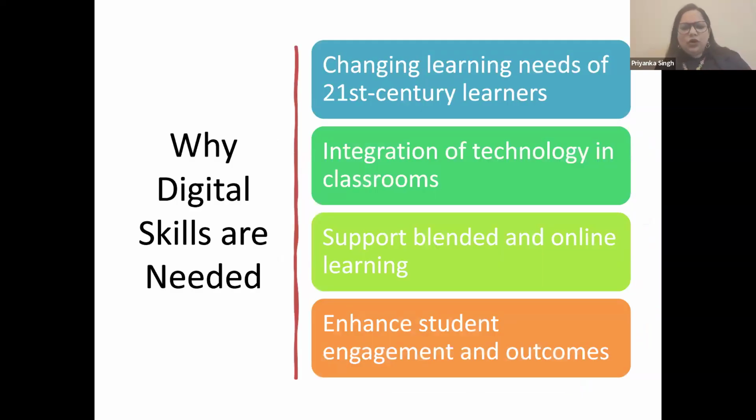We are talking a lot about digital literacy and digital skills, but why is there so much talk about digital skills? First of all, CBSE has given a clear instruction that ICT as a subject and digital skills as a skill should be there in the 21st century educator.